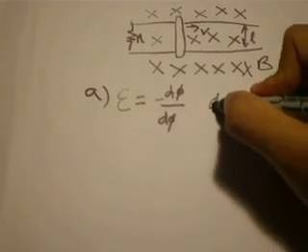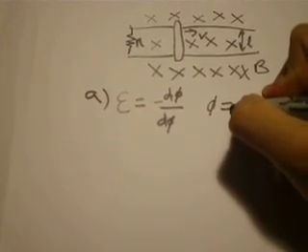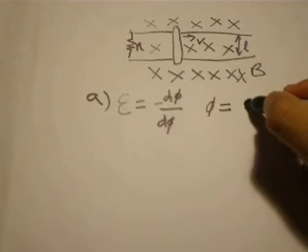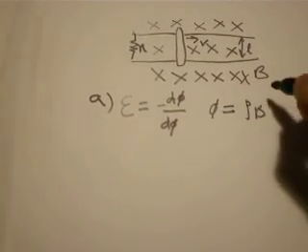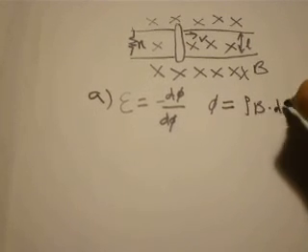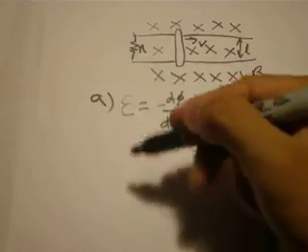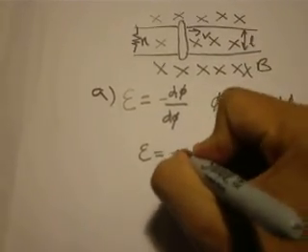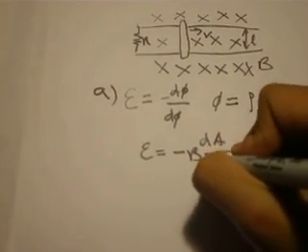From this you could derive that the flux equals the integral of B dA. So we sub that in: E equals negative B dA over dt.